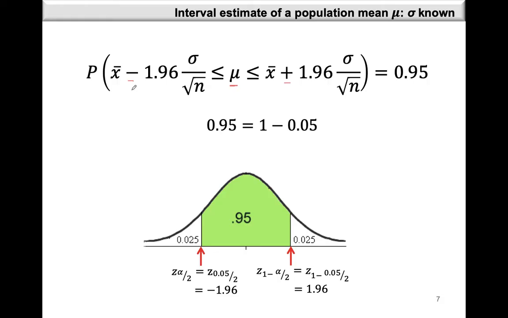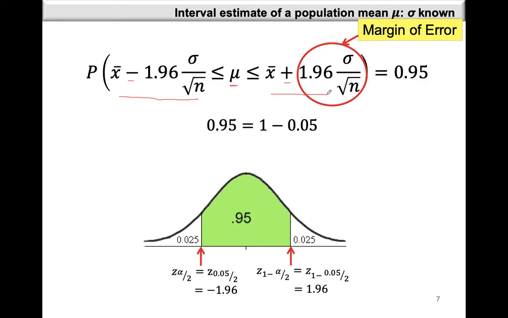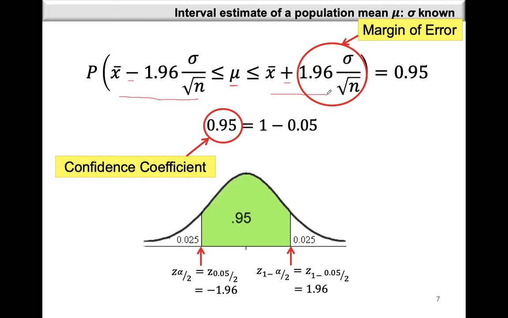So x bar minus 1.96 times sigma over root n is the lower boundary of the range of values that contain mu, and x bar plus 1.96 times sigma over root n is the upper boundary of the range of values that contains mu. So 1.96 times sigma over root n is the margin of error. 0.95 in this case will be the confidence coefficient because we have a 95% confidence interval. And 0.05 is our level of significance.